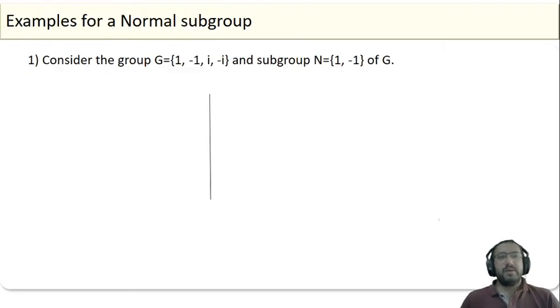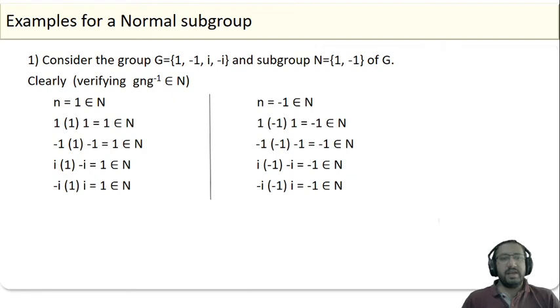Now, we give an example of a normal subgroup. Consider the fourth roots of unity, that is G equal to 1, minus 1, i and minus i, and the subgroup of square roots of unity, that is N equal to 1, minus 1, of the group G. Clearly, you can see here with small n equal to 1 and minus 1, you can check g n g inverse.